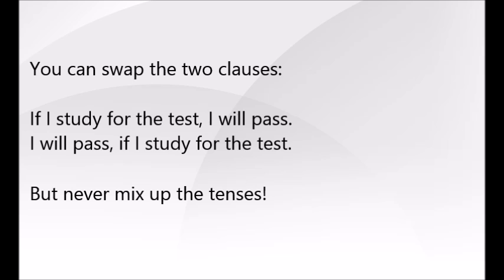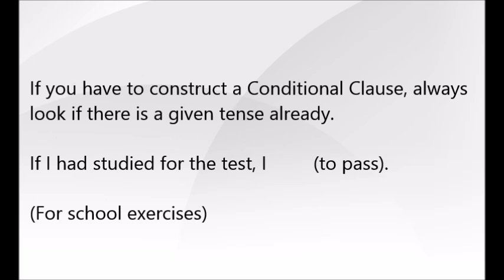So you always have to remember which tense belongs to the main clause and which tense belongs to the subclause of your sentence. If you're doing a school exercise and you have to construct a conditional clause, always look if there is a given tense already. So, this example: if I had studied for the test, I, and you have to fill in the correct form of to pass.